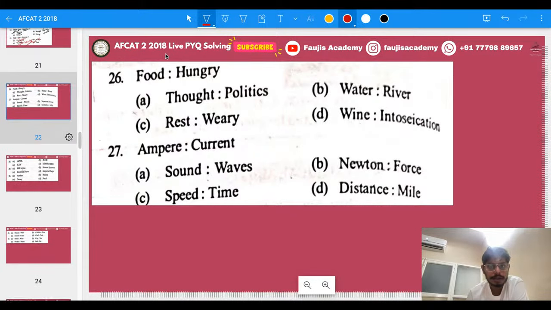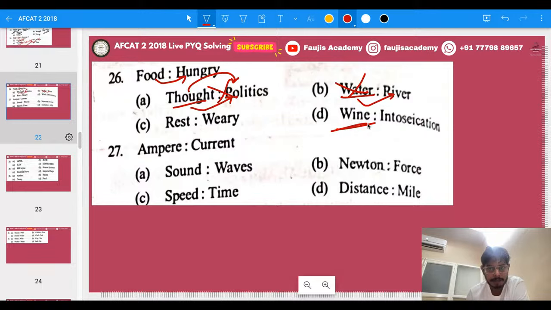Food is to hungry. Thought is to politics. Water is to river, which cannot be correct. Whenever you are thinking, are you thinking about politics? That's also not correct.